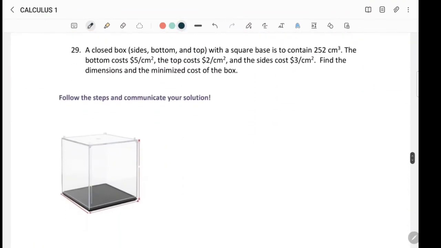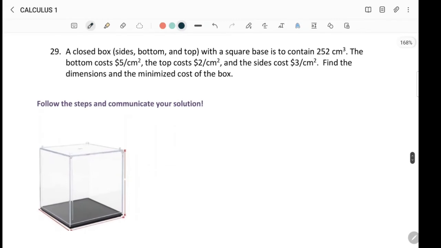Now come to the next question, that is question 29. A closed box, sides, bottom and top with a square base. Okay, this is not open top, it's closed. It is to contain 252 centimeter cube. The volume is given.